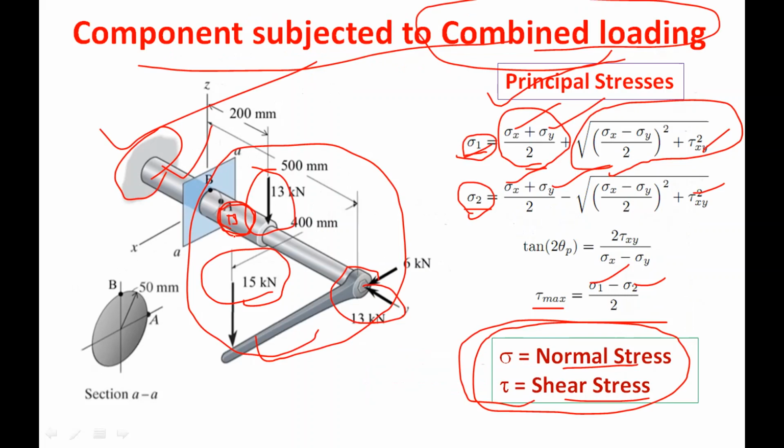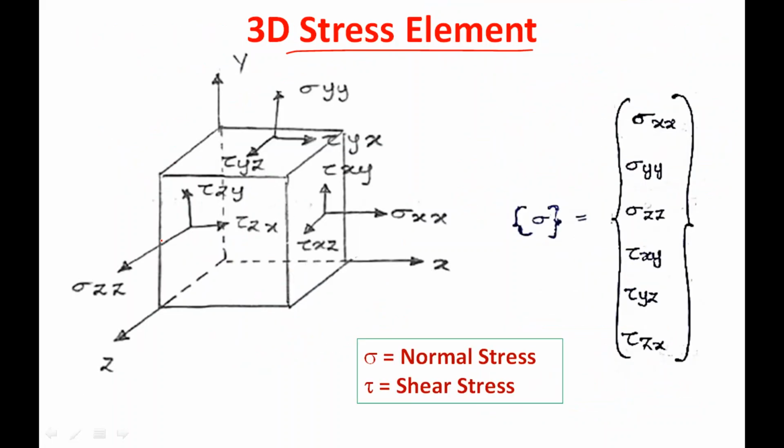This is nothing but a small elemental volume taken from the component, machine component, which is subjected to combination of loading. Small cubical volume shown here as a stress element, and we are using the Cartesian coordinate system x, y and z, 3D stress element.